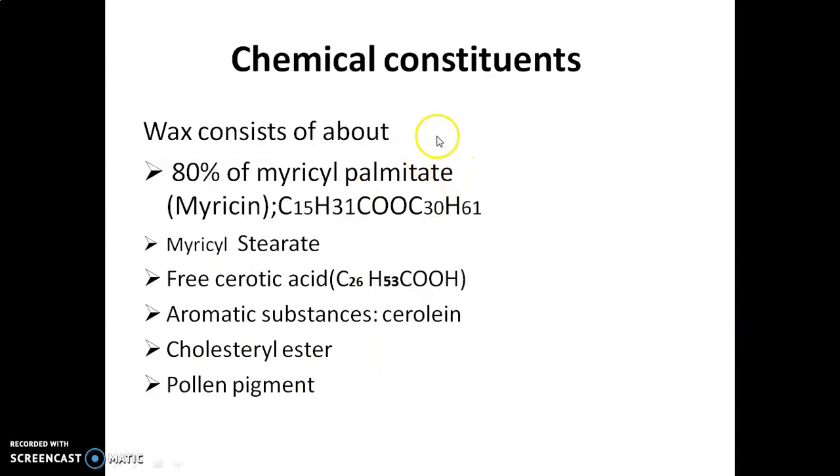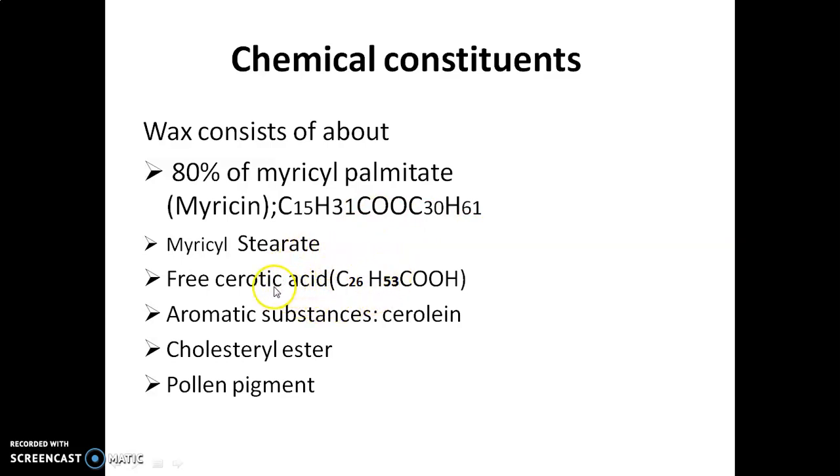Chemically, this is a wax, and it consists of about 80% myricyl palmitate, which is the ester of myricyl alcohol and palmitic acid. This is also known as myricin. This is the formula of myricyl palmitate, and a very small amount of myricyl stearate is present.